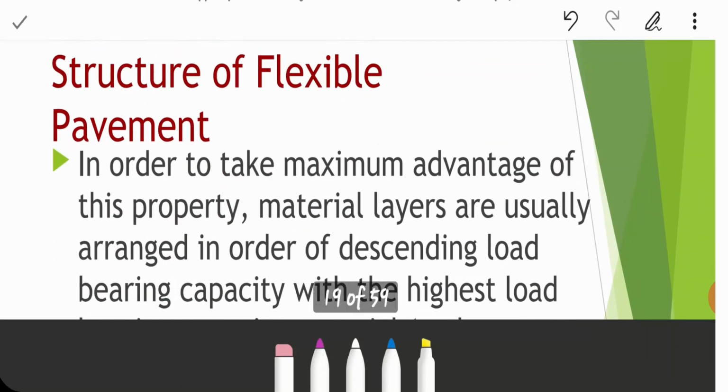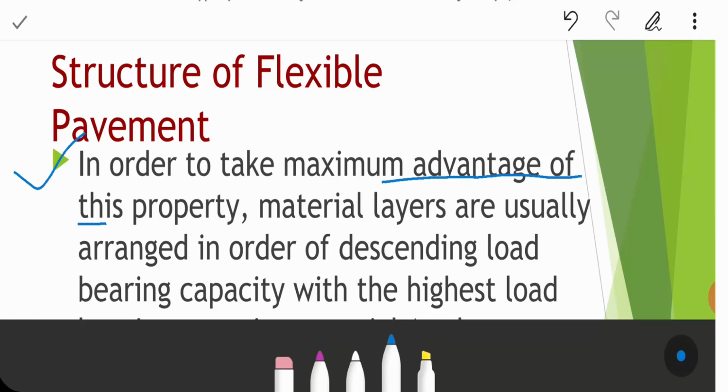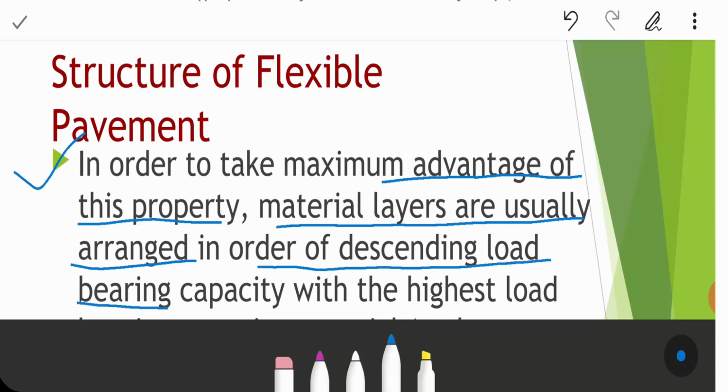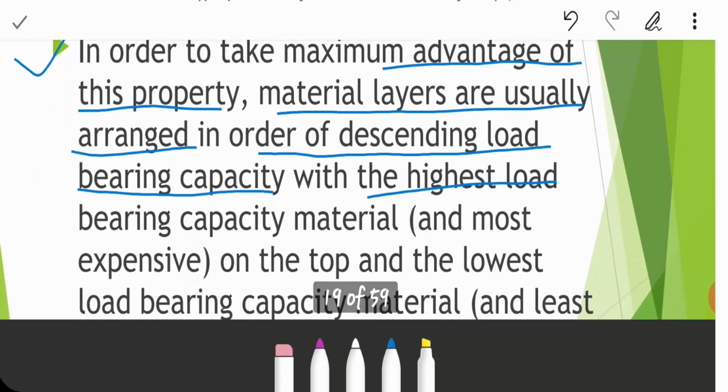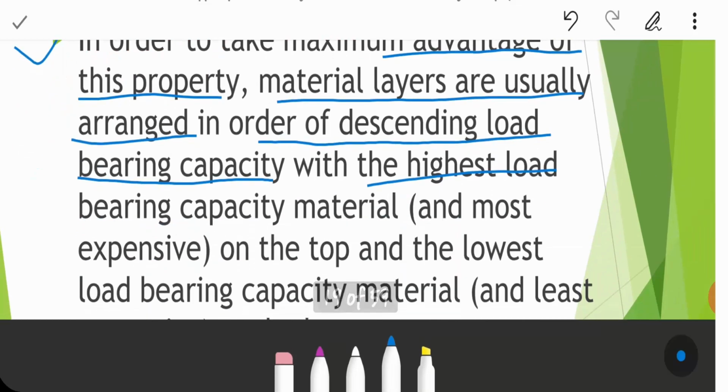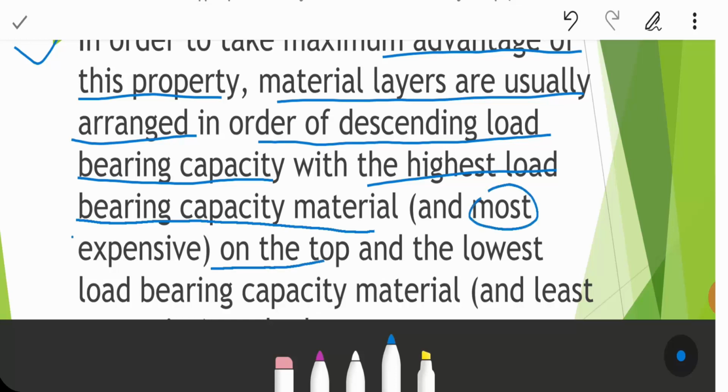Now I will discuss the structure of flexible pavement. In order to take maximum advantage of this property, material layers are usually arranged in order of descending load bearing capacity, with the highest load bearing capacity material on the top, which is most expensive.